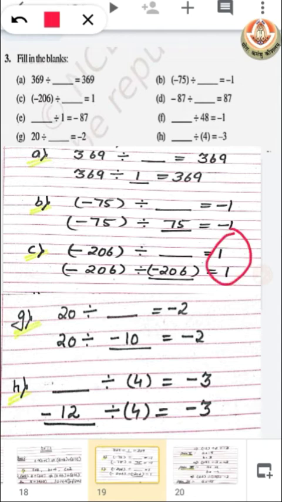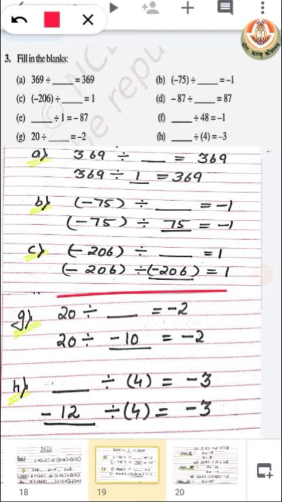So we know that when two negative integers divide, we get positive in the answer. So this one should also be negative. And to get 1, we have to divide 206 by 206. That means minus 206 divided by minus 206 to get 1 as the answer.